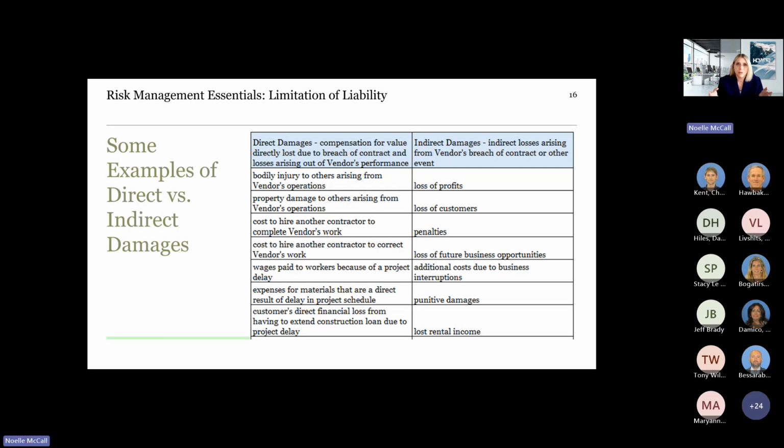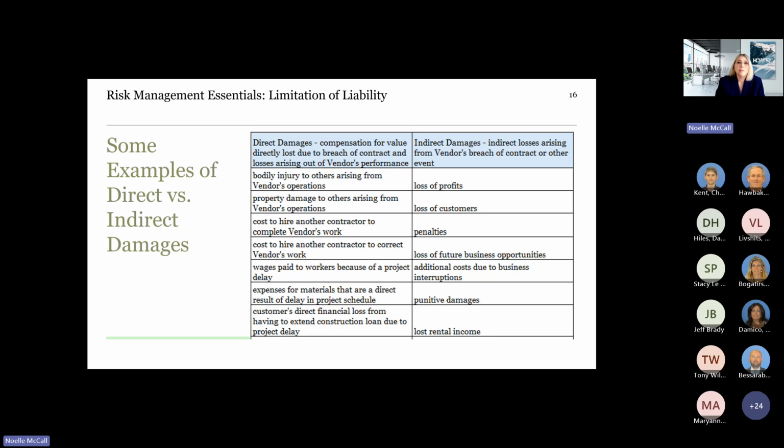So here's a handy chart that I put together to give you some examples of what I mean by direct versus indirect losses or damages. The column to the left, we have direct damages, and that's compensation for value directly lost due to a breach of contract and losses arising out of the vendor's performance.